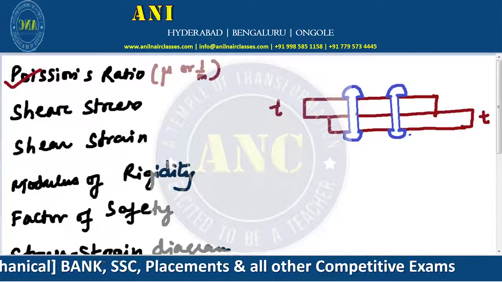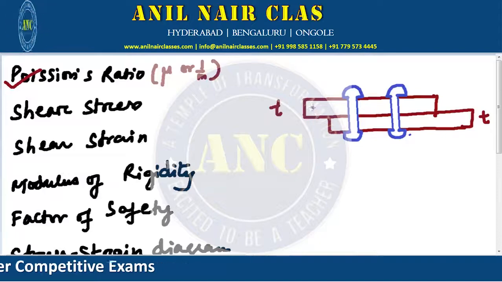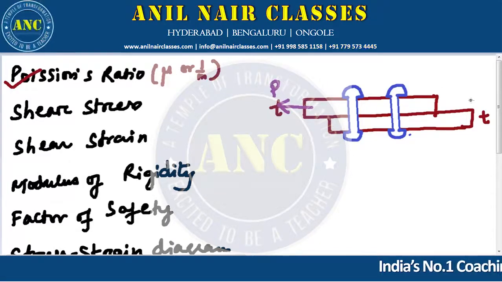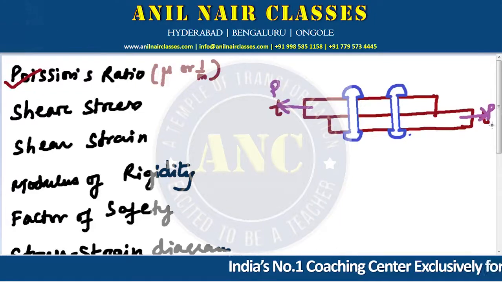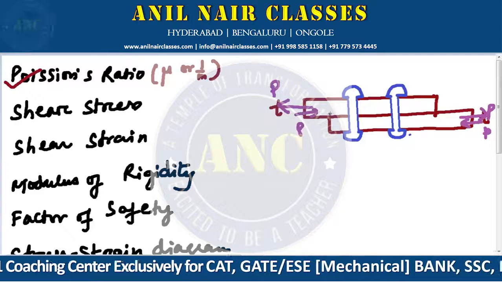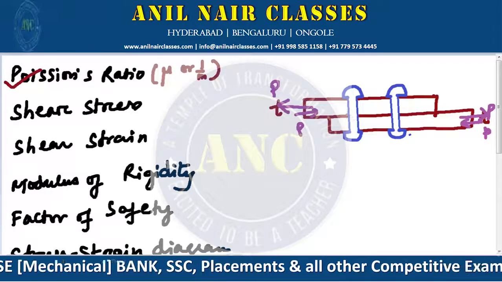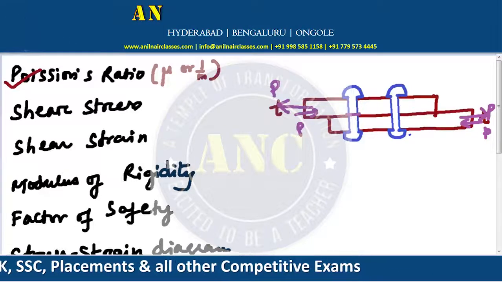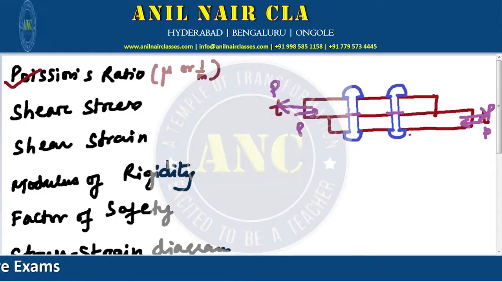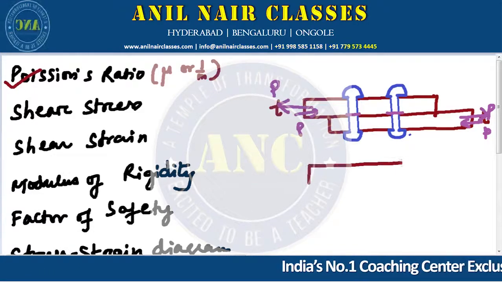Now though I have joined this, after some time, say this comes with the application of a pull. There will be a pull or there may be a push, anything. Now because of this, since these two are joined with this rivet, there will be a shift in the alignment, between the same thickness bodies.